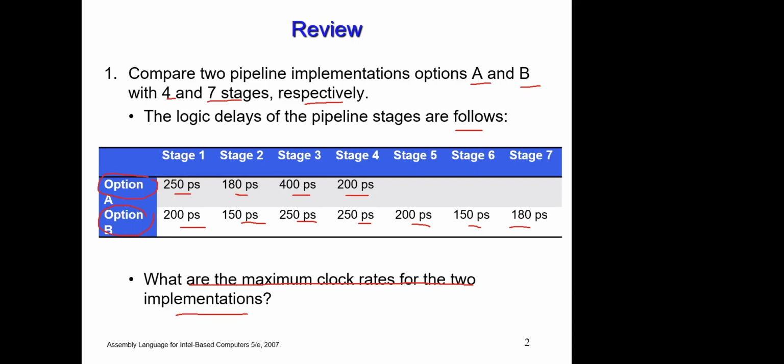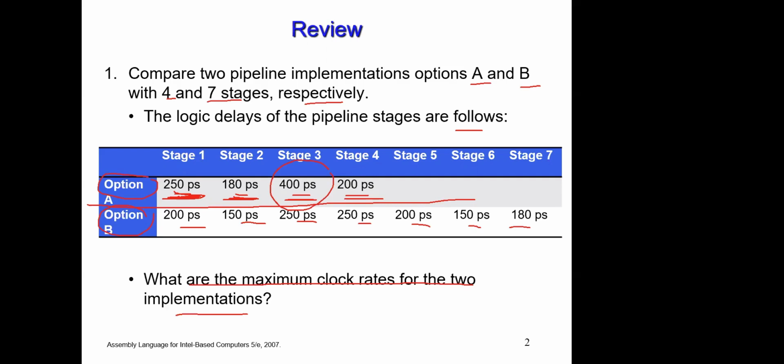Basically, as we have described earlier, we can see which one will be the slowest in all of these stages. So I have 250 picoseconds for option A, 180, 400, 200 picoseconds for each of these stages. Which one of these is the most time consuming? You will find that this 400 picoseconds is the most time consuming, correct?